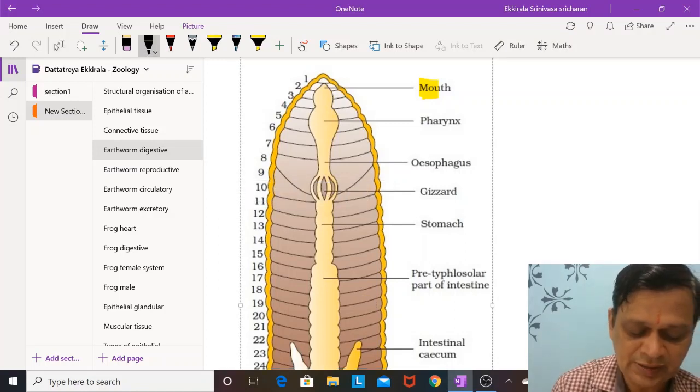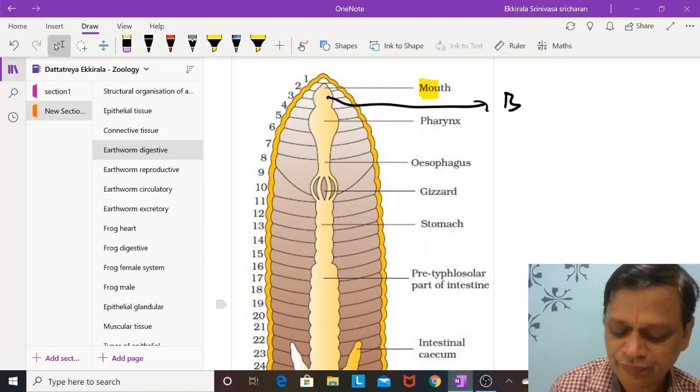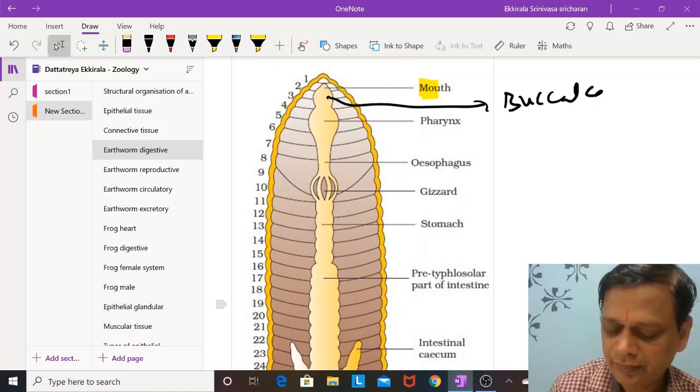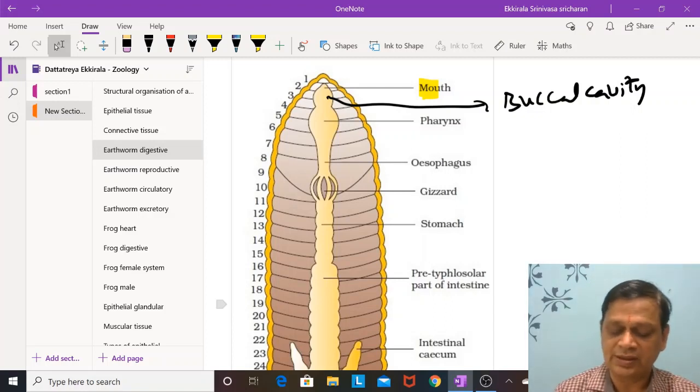Next one is the buccal cavity, which will be in segments 1 to 3.